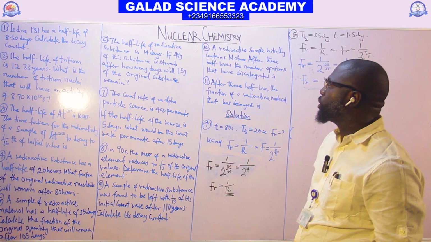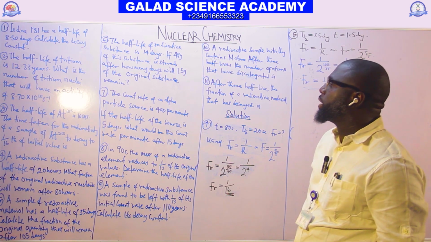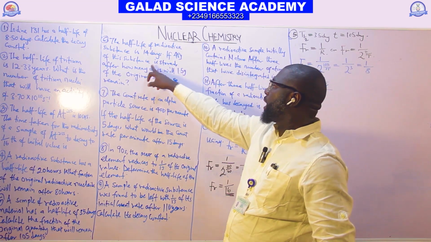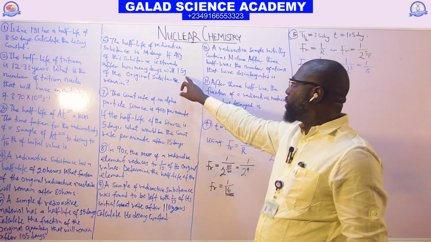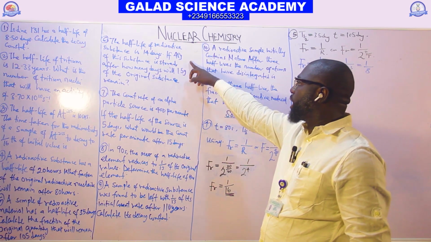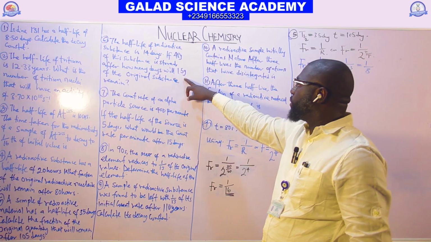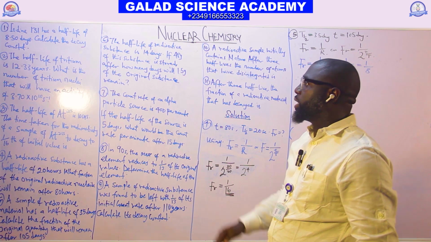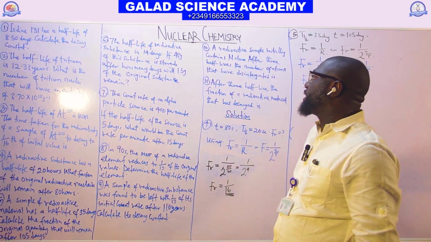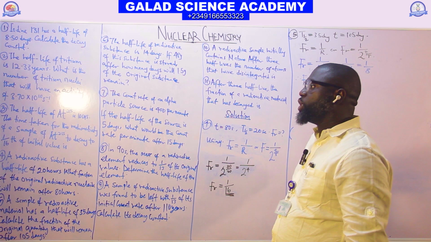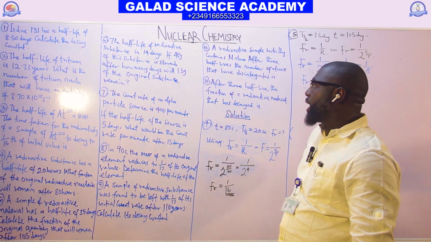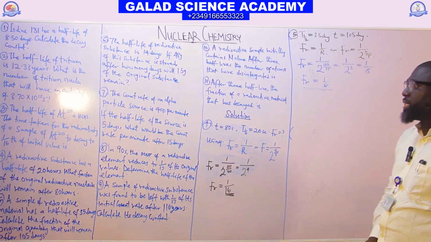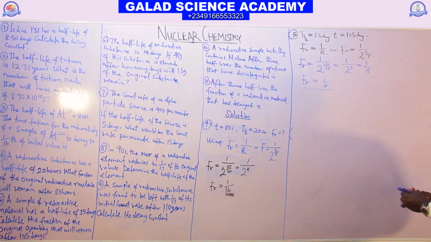In this one, we are given the initial amount to be 48, and the one that is remaining is 1.5. You are now asked to find the time, which is capital letter T.